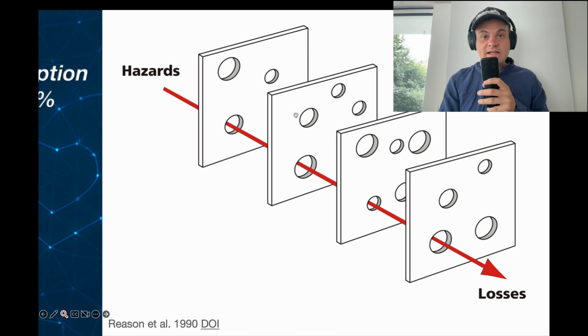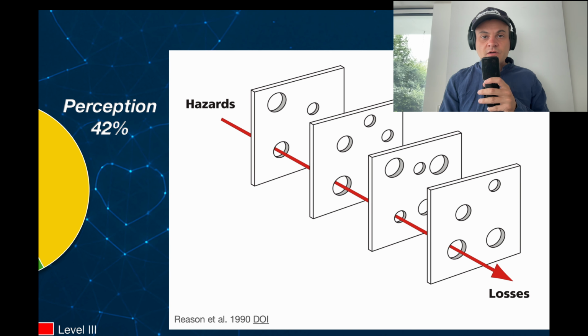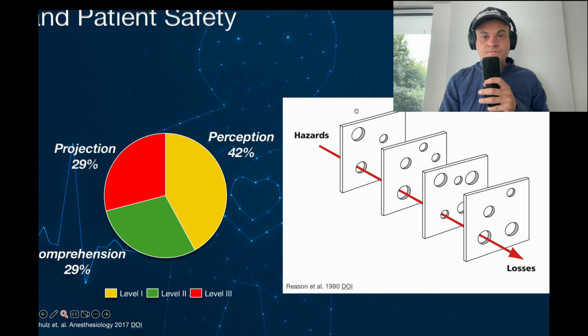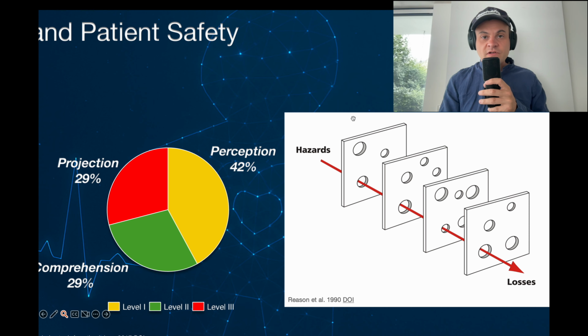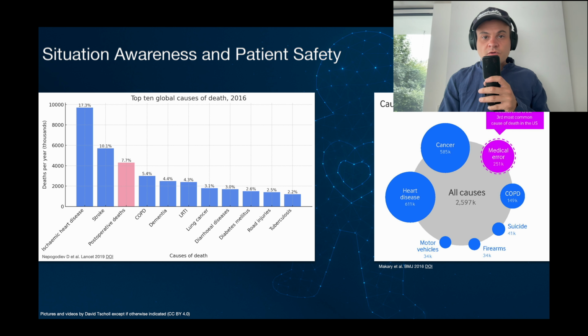For example, checklists that we use, simulation training, but also good monitoring, low hierarchies, good level of staffing, and things like that.